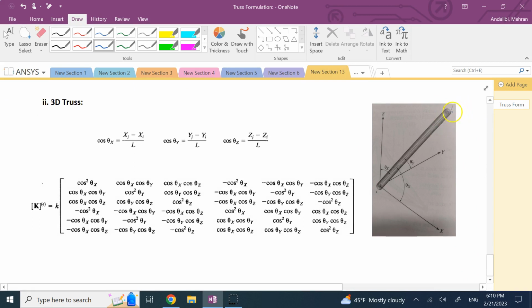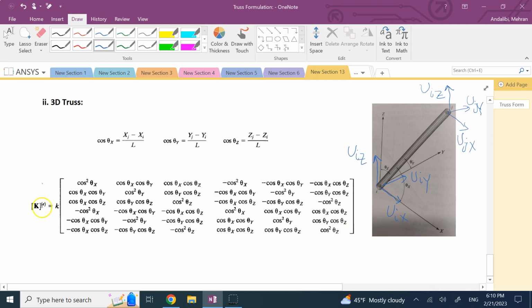So node J has u_jx, u_jy, and u_jz. And the exact same thing happens for node I. You have these displacements, so you have 6 nodal displacements.